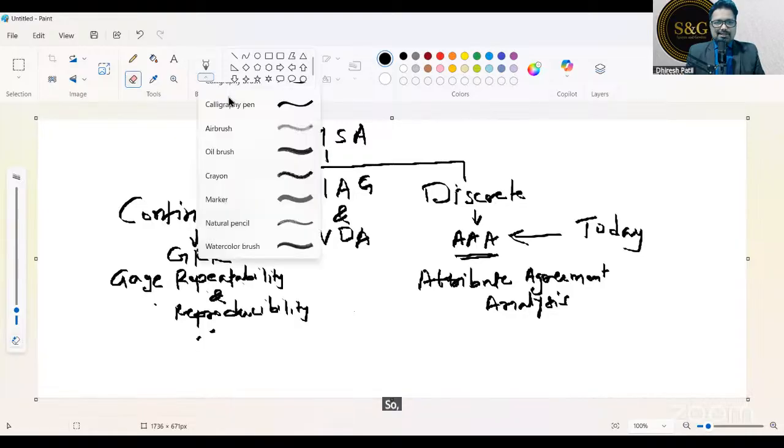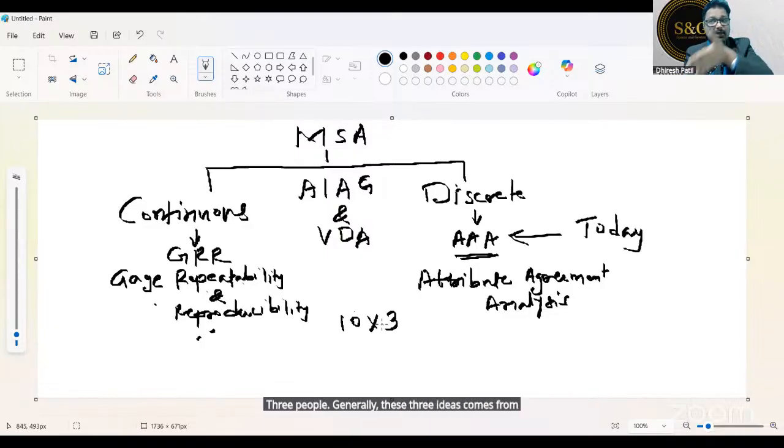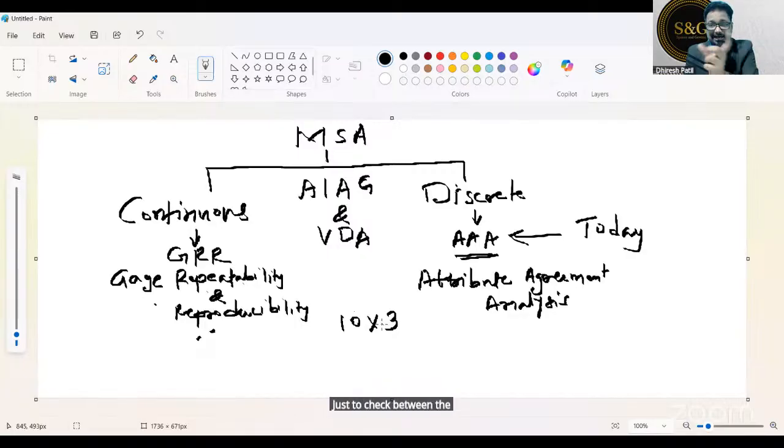So whatever you want to measure, first take at least 10 samples, into 3 people. Generally, this 3 comes from the 3 shift operations, because there is a person in the first shift, second shift, night shift, etc. So take at least 3 people to check whether there is any variation between the people. And then every person will check the diameter 3 times.